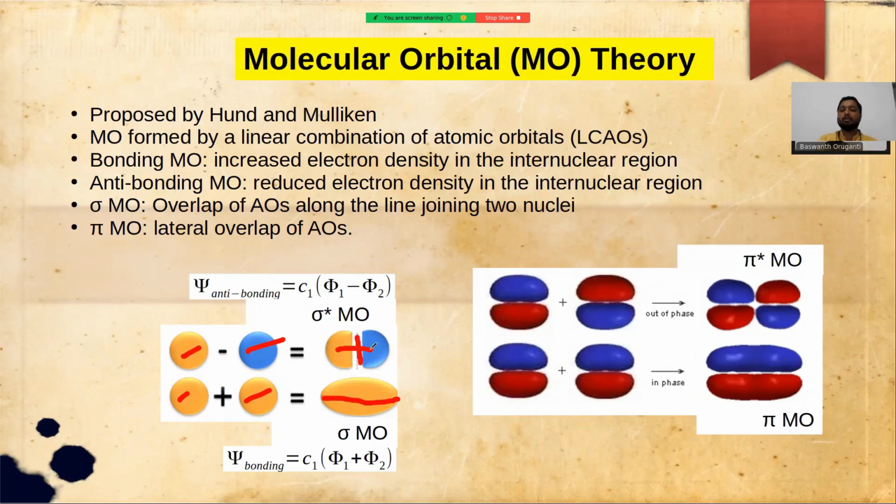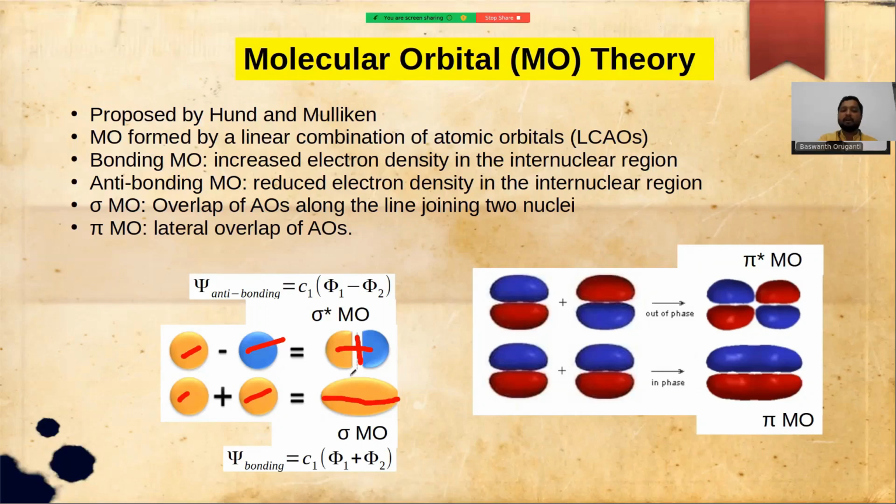So in between the nuclei, there is zero electron density due to destructive interference between the orbitals. Such an orbital is called an anti-bonding molecular orbital, as electron density is reduced between the two nuclei.